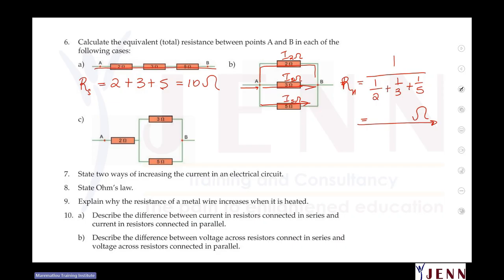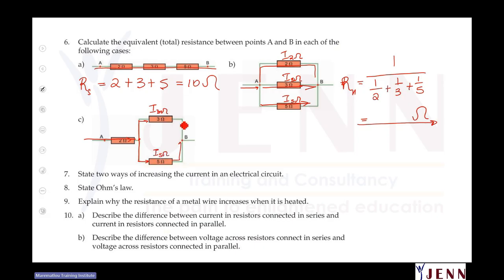Now, if you look at question C here, we have current coming in, passing through the 2 ohm resistor, but as it reaches this point, current now is split. We can see that some of the current goes in one direction and some goes in the other, which says we have current in the 3 ohm resistor and current in the 5 ohm resistor.